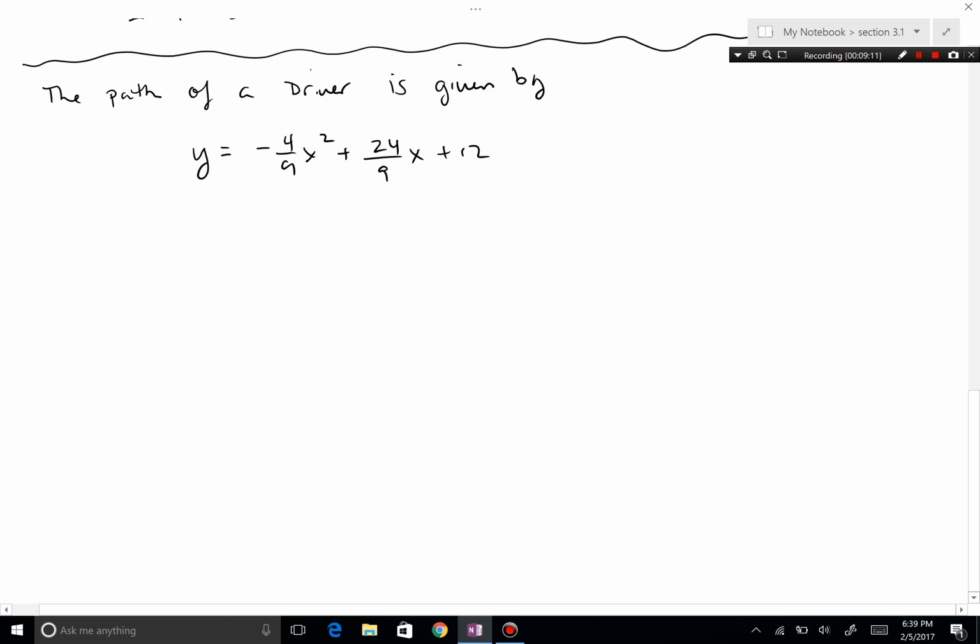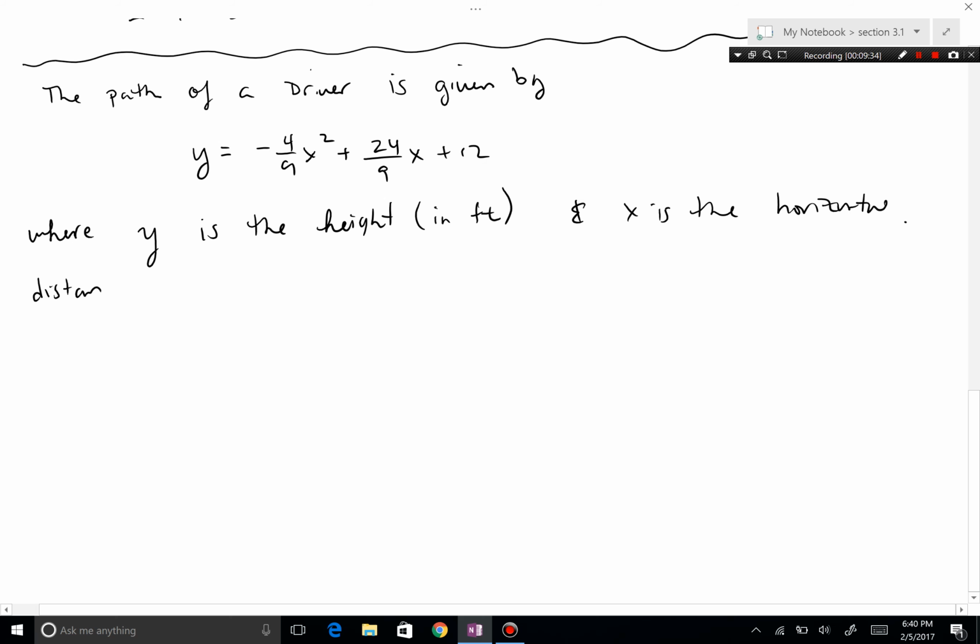Now here's the thing. Remember, everything must be answered within context in this course, where y is the height in feet, and x is the horizontal distance in feet. So you're probably saying, well, what kind of driver is this? Well, it could be a person flying a plane.